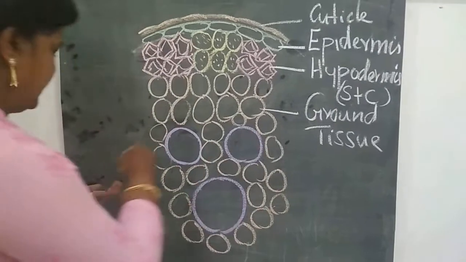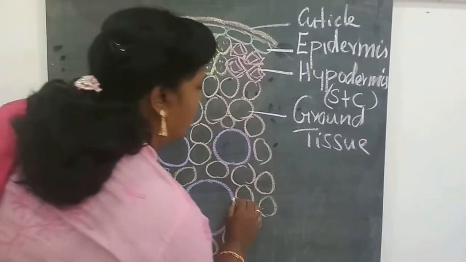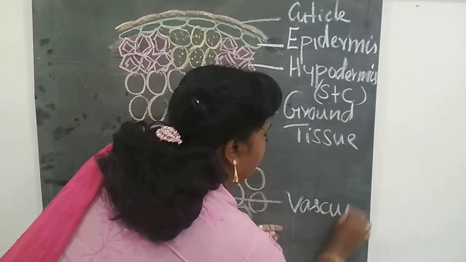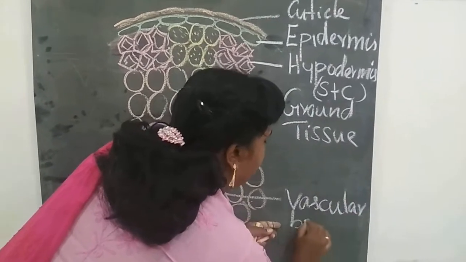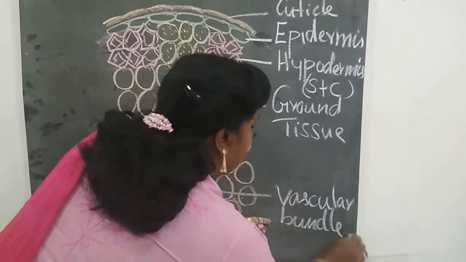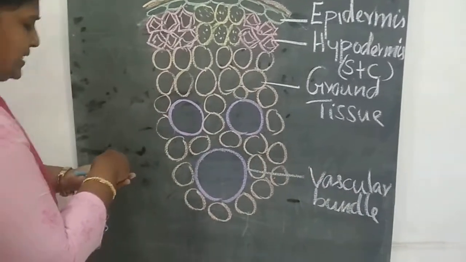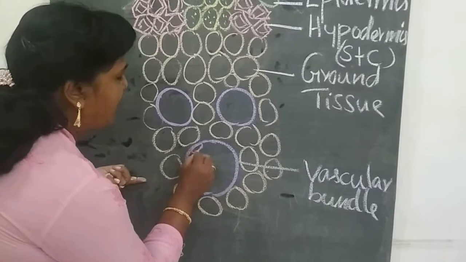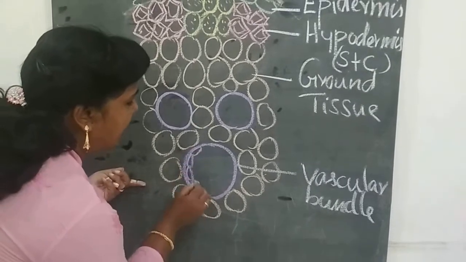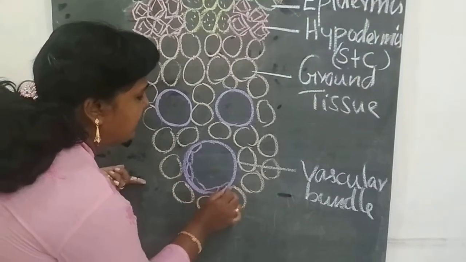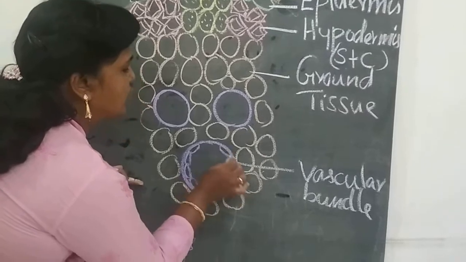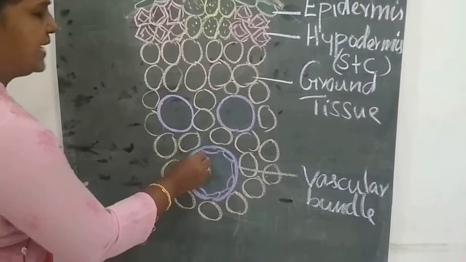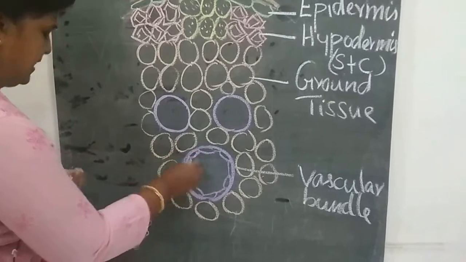This is a vascular bundle. It is lined with sclerenchyma cells, giving the appearance of a sheath, and is said to be the bundle sheath.